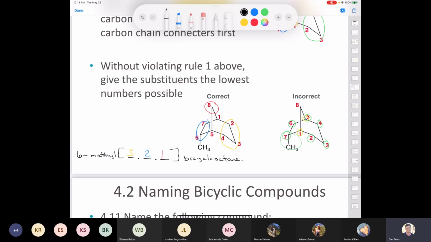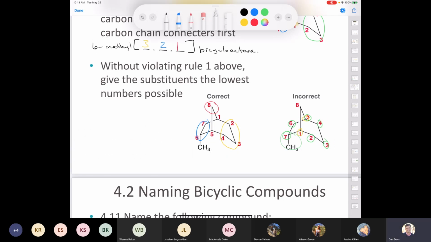So a student asked, why would it not be a 2-methyl? Okay, I'm just going to move this out of the way so I have a little more room to explain. So that's the name of that compound. Why wouldn't this be a 2-methyl?